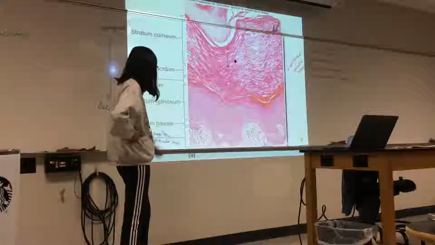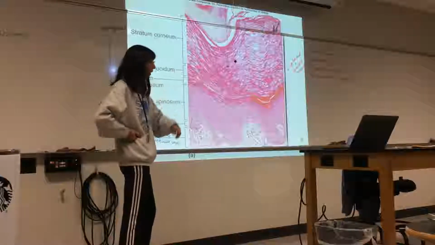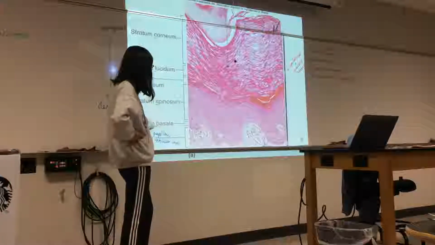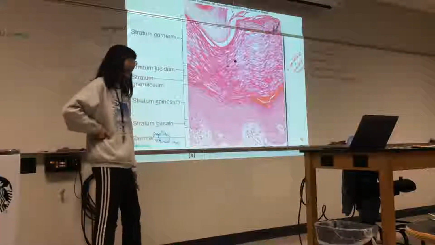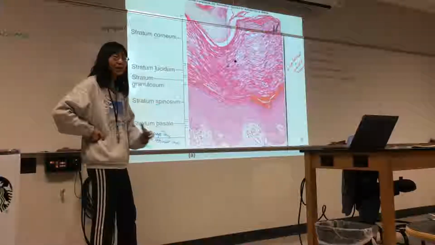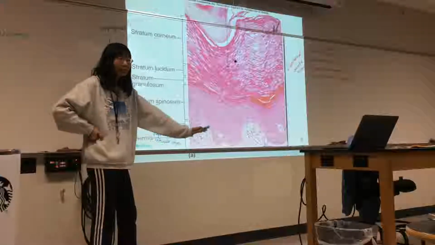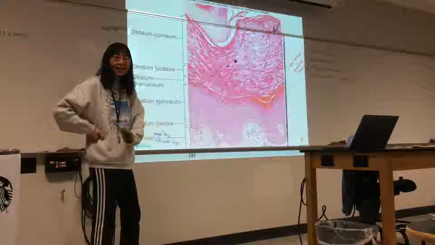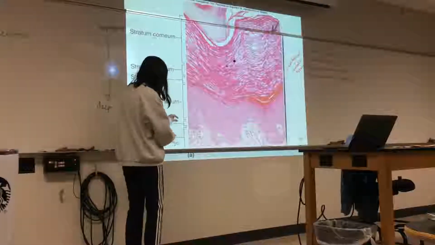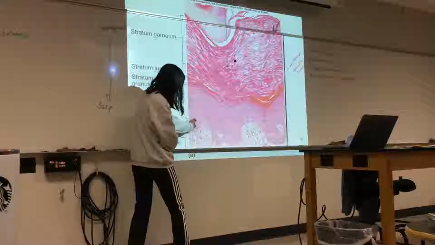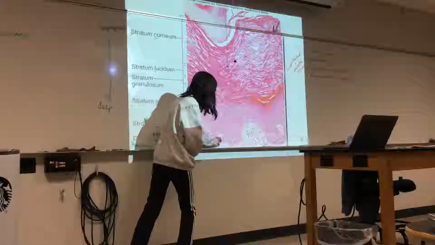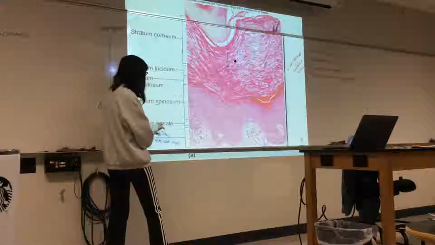Or you can just look at the word basale. What is basale? Basal means basement membrane, right? That's the end. So all of this, the very bottom layer of cells: B for basal, B for bottom.